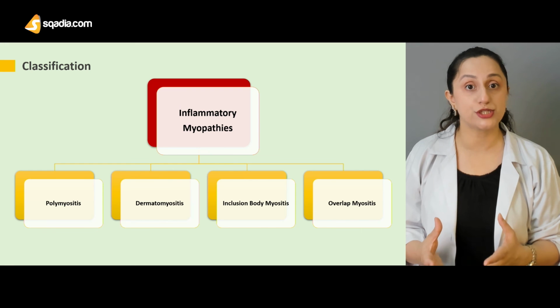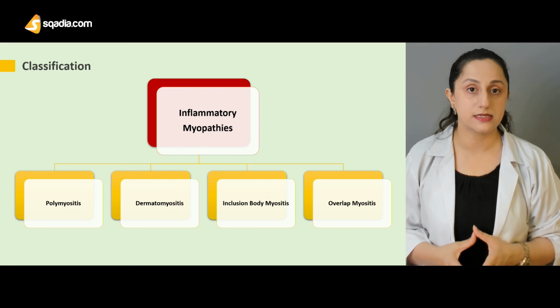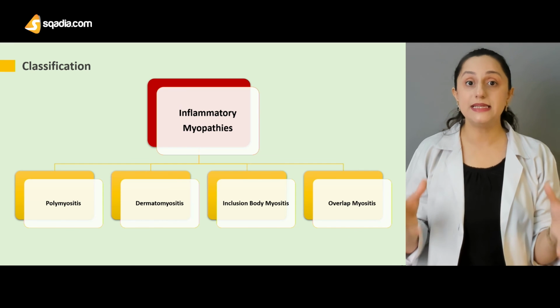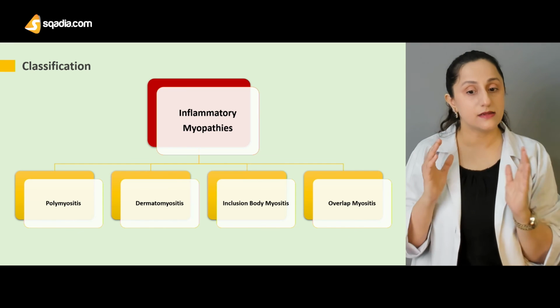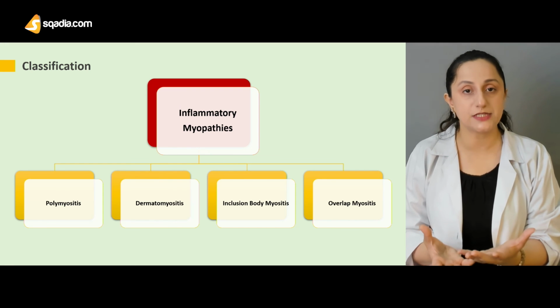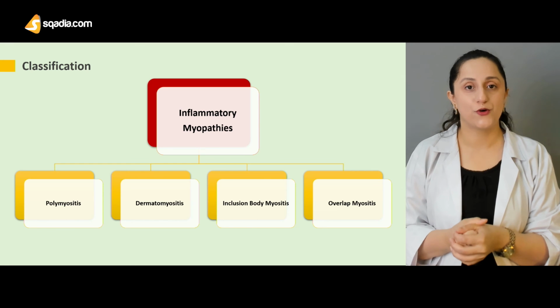So it's very important to address these environmental triggering factors first of all, and then obviously keep in mind this complete classification of inflammatory myopathies, and then move on towards a differential diagnosis, then a definitive diagnosis, and plan out a treatment plan for your patient.